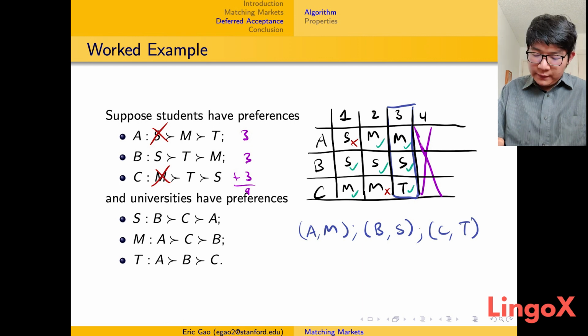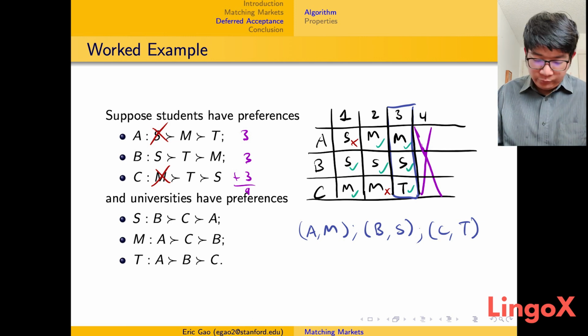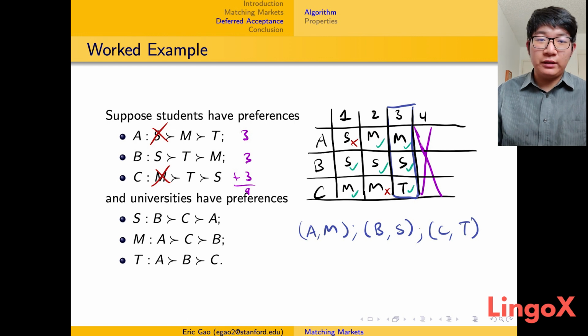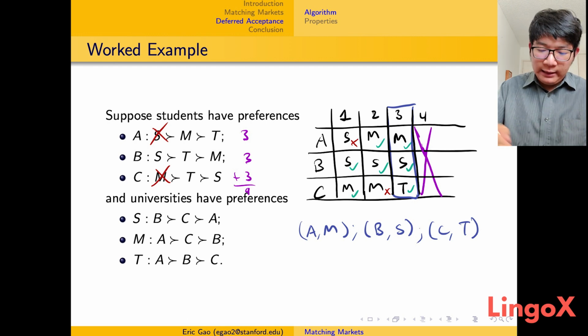For now, Bob and Carl are both accepted already, so they don't do anything. They're still stuck with S and M. So A has to apply to a new school. A got rejected from Stanford, so Stanford is off of A's acceptable list. A moves on to their second-ranked university, which is MIT, and they apply to M. Even though Carl was tentatively accepted in round 1, MIT still has to consider between Alex and Carl.